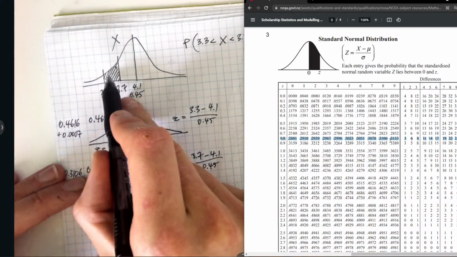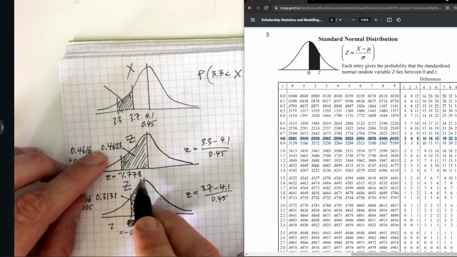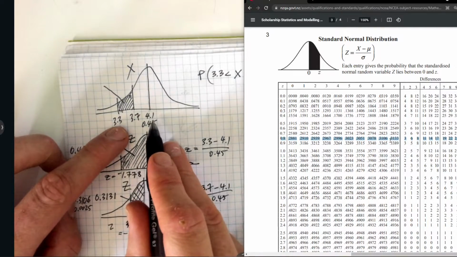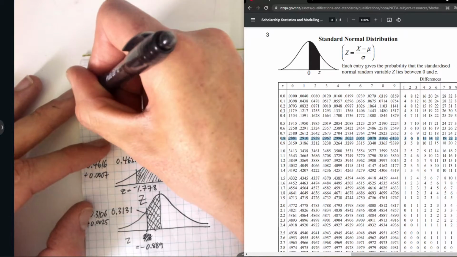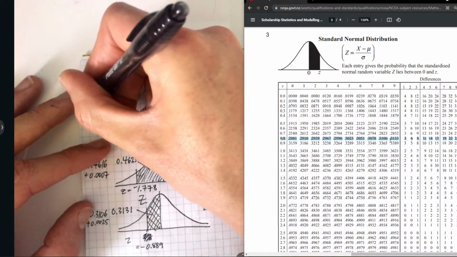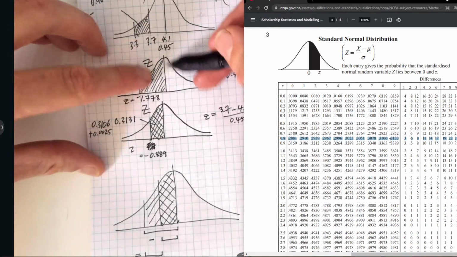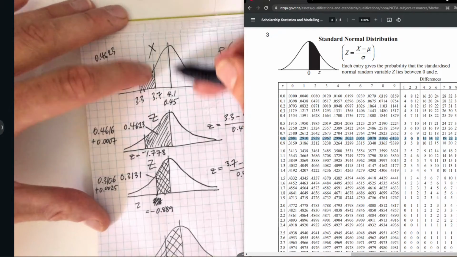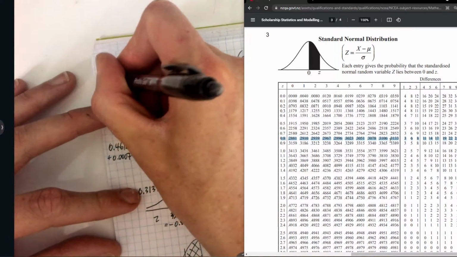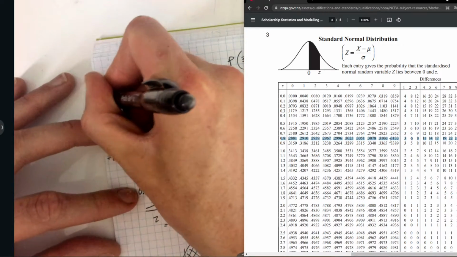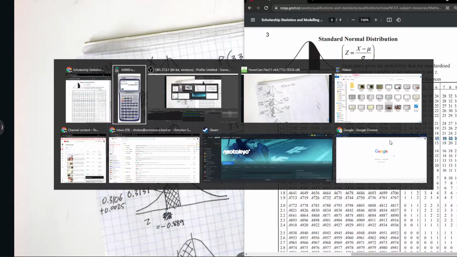So that means this area can be found by getting the total area from 0 down to 4.1 down to 3.3. And that was 0.4623, and then we just minus off this area that's in there, or this area here, which is 0.3131, and that will find us the leftover chunk that we're looking for.